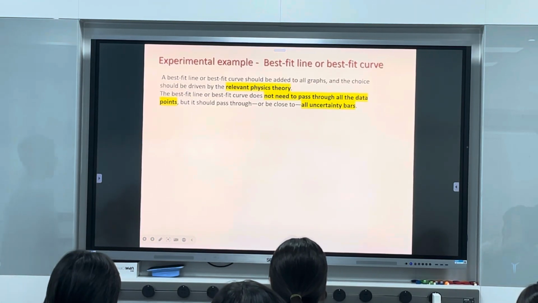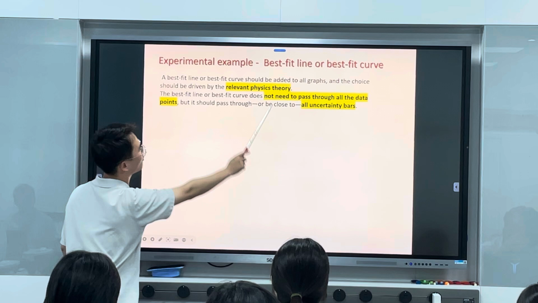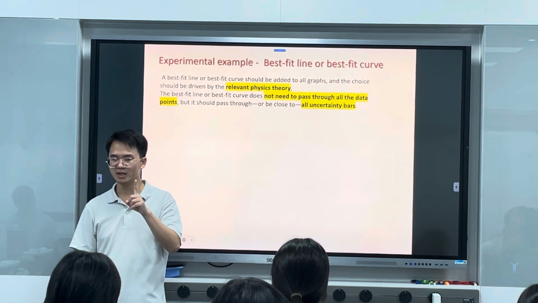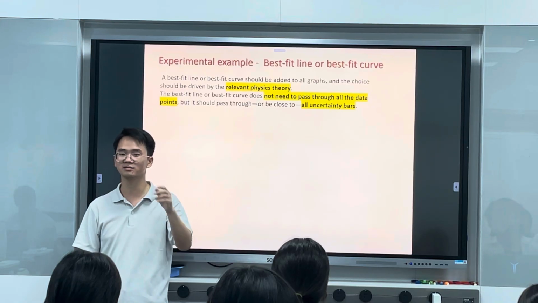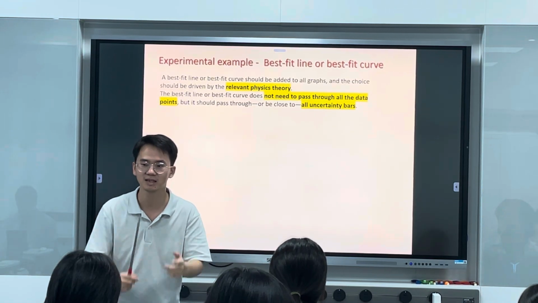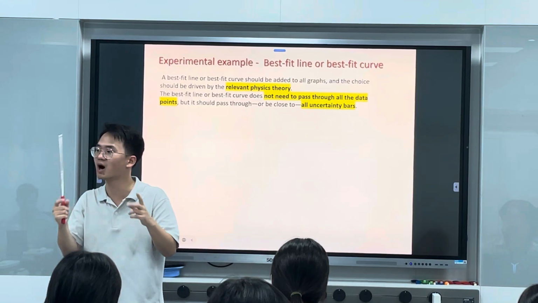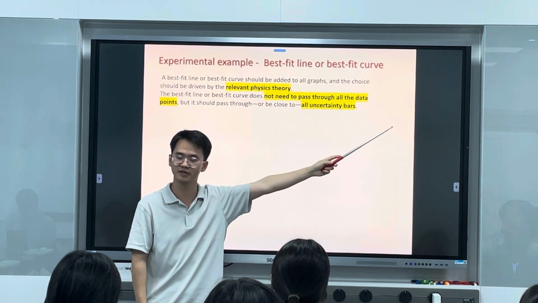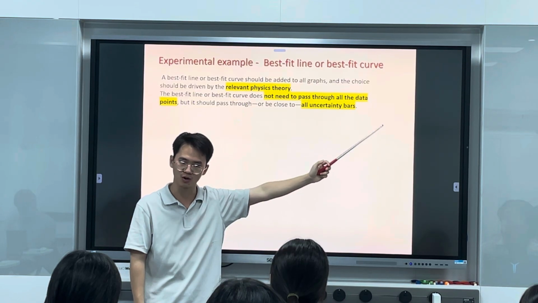Alright. Next, we have best fit line or best fit curve. This is tricky because in the exam, sometimes it asks you to draw a best fit line, but best fit line is a broad term that could also mean a best fit curve. A lot of my previous students got trapped by this.